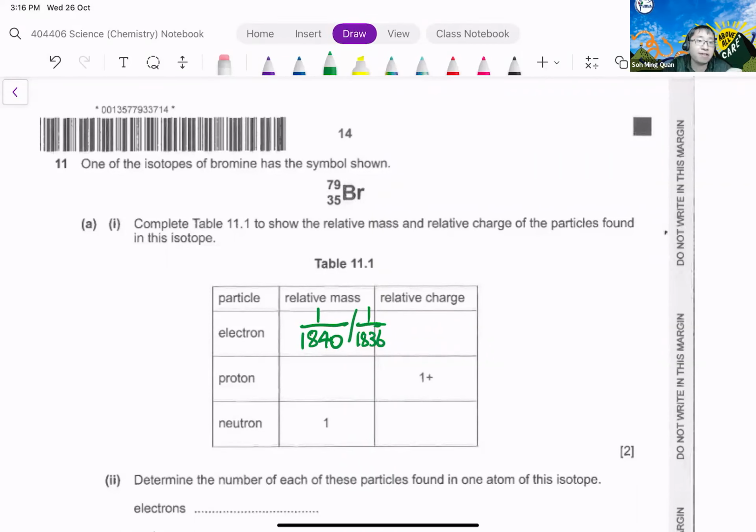So the relative mass of an electron is 1/1840 or 1836. The relative charge, of course, is 1 minus. Electrons have a negative charge. Protons, relative mass of 1. Relative charge 1 plus, given to you already. Neutrons, mass is 1, charge is 0.